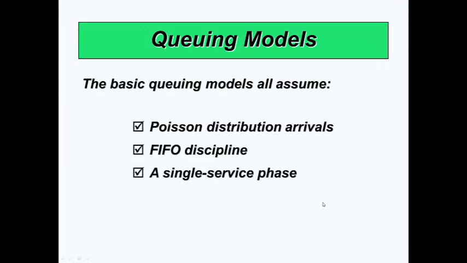So the basic queuing model that we are going to discuss is assuming Poisson distribution arrivals. Again, Poisson distribution arrivals will tell you the rate at which customers are arriving. If the customers are arriving at 10 per hour, that means that you will have on average 1 every 6 minutes, which does not mean 6, 12, 18 are the arrival times.